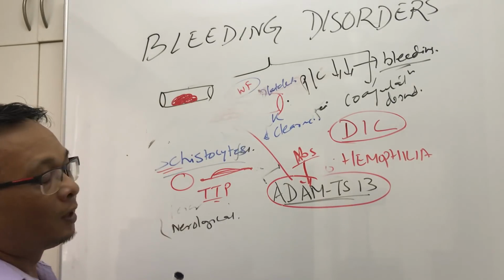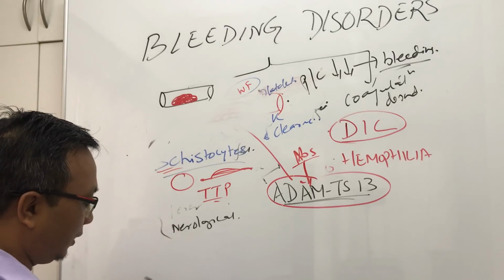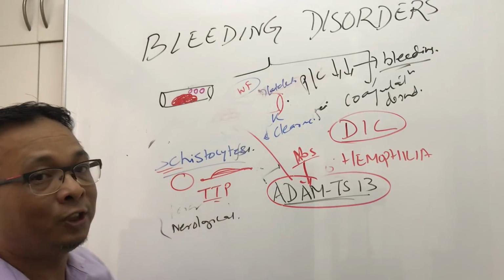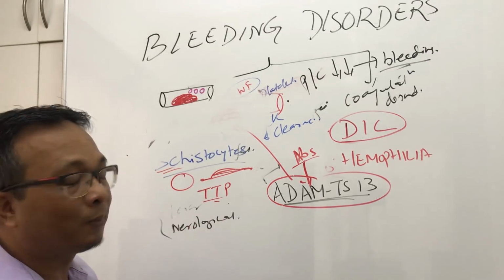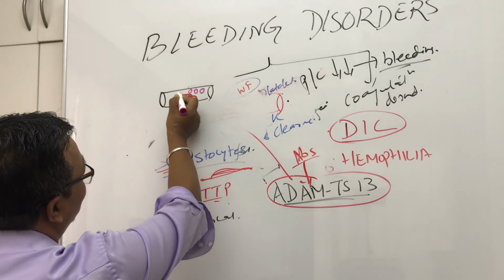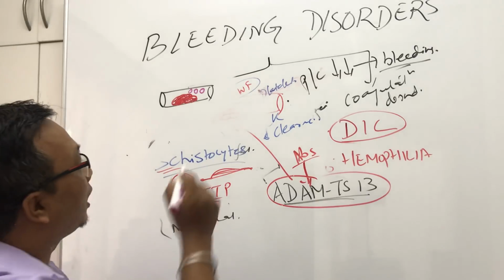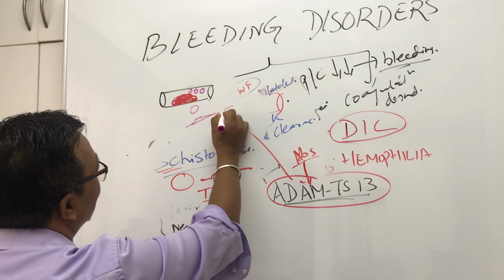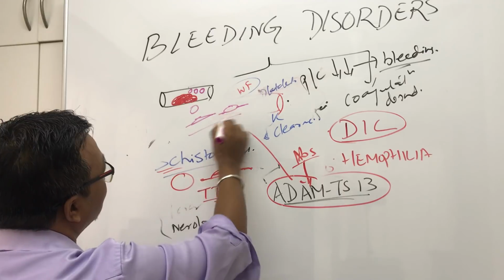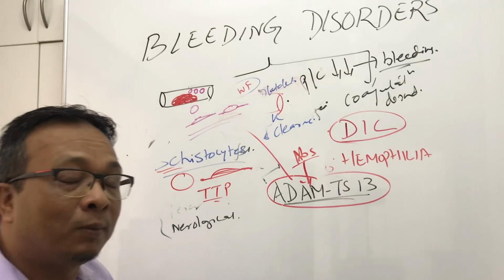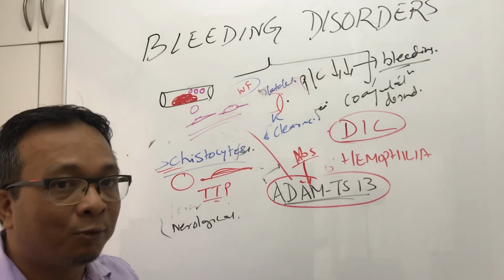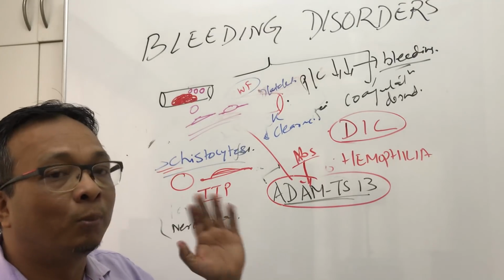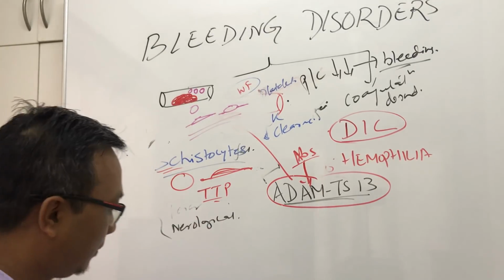Then when RBCs try to escape through the small vessels, because of the shear force and the strong current of the blood passing through the small space, these RBCs are broken down into fragments with 2 pointed ends. These are called schistocytes. These are one of the laboratory findings in thrombotic thrombocytopenic purpura.